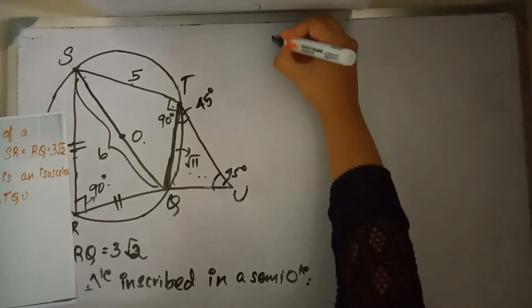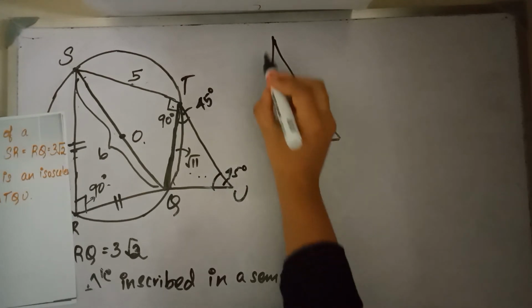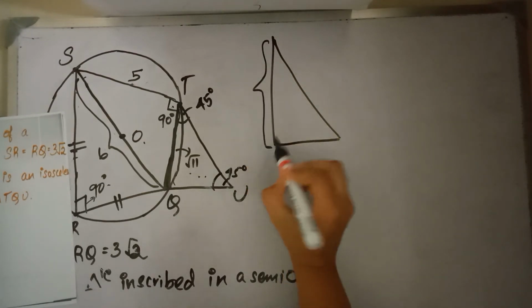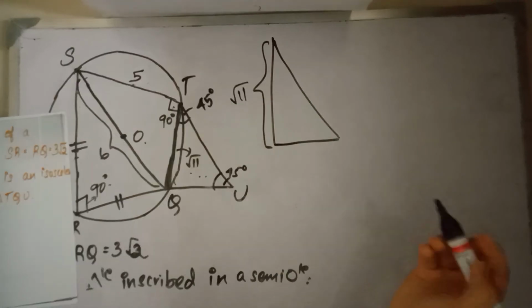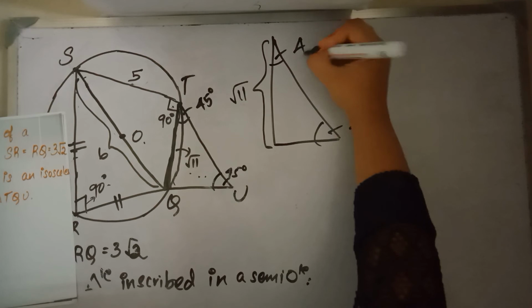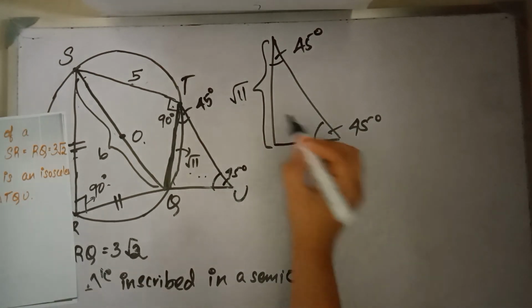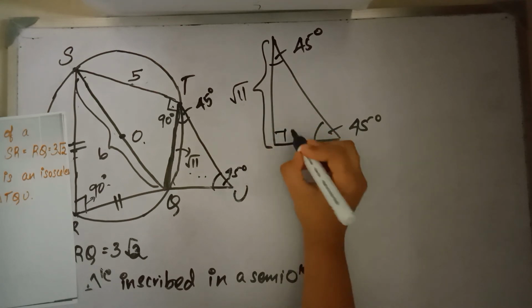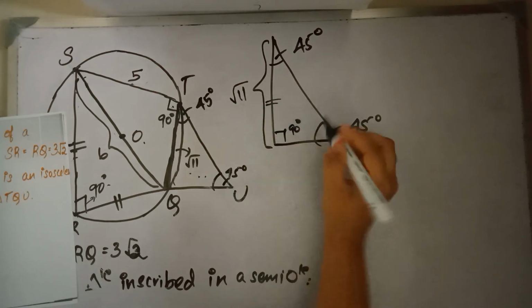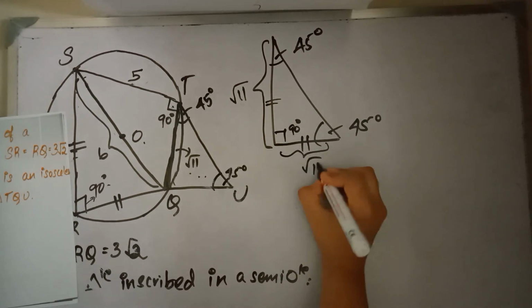Let's draw the isosceles triangle. This is root 11. These two angles are 45 degrees and 45 degrees. And we know that in an isosceles triangle, if this is 90, these two sides are actually equal. So this has to also be root 11.